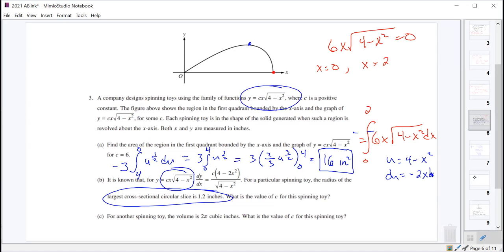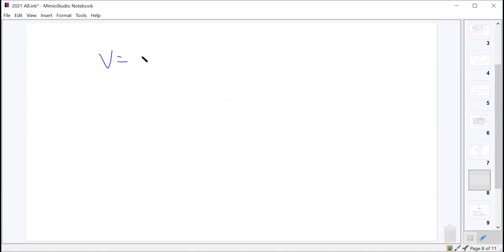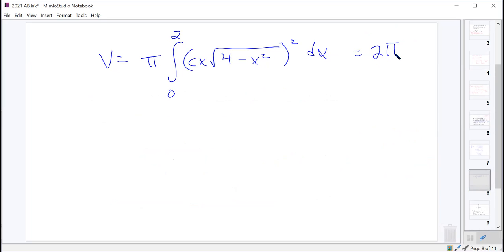So the volume ought to be pi times the integral from 0 to 2 of our function, c x root (4 minus x squared), dx, and we want the volume to be 2 pi.